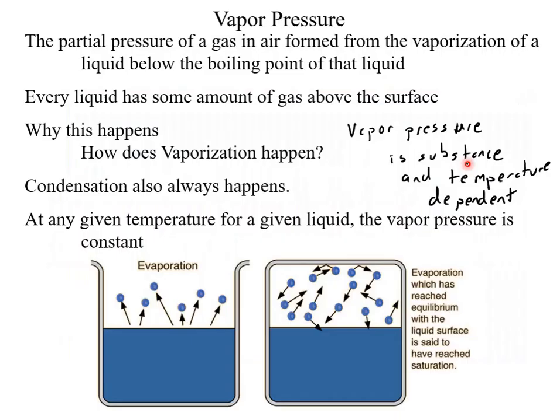Initially all my molecules are becoming gases, but as soon as I start to increase the number of gases, some of them go back to being liquid. And vapor pressure happens at the point where the rate of evaporation equals that of the rate of condensation.